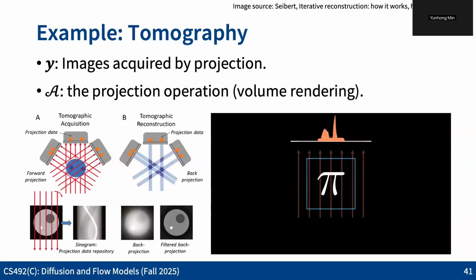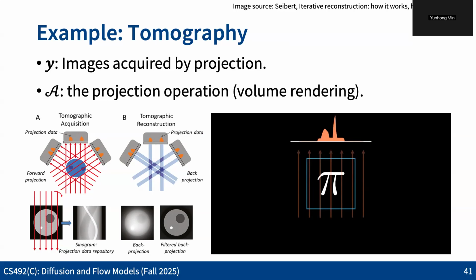And this is another example, tomography, like a CT scan or MRI scan. What we do is that we only have observations of the projection of some 3D thing into multiple views, right? That's what we acquire through an MRI scan or CT scan.